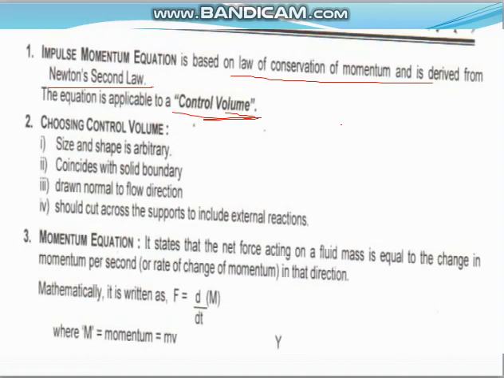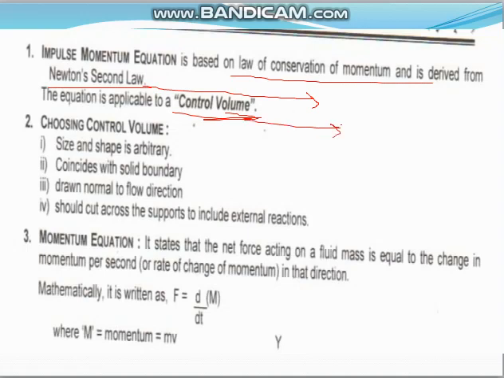It is also applicable to a control volume. The law of conservation of momentum generally states that the rate of change of momentum with respect to time will be constant. So it is derived from Newton's second law. The equation is applicable to the control volume.